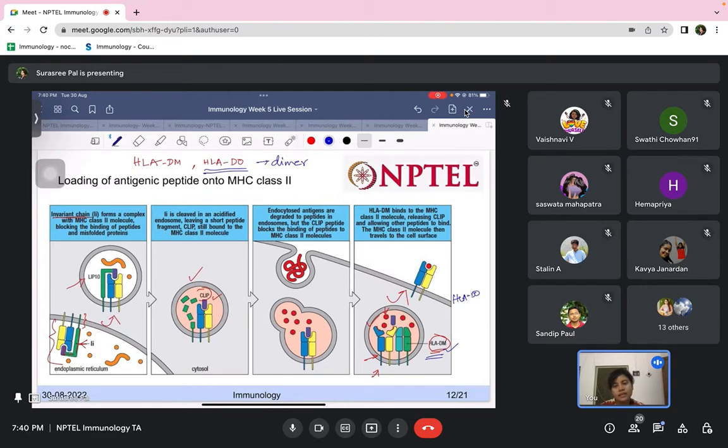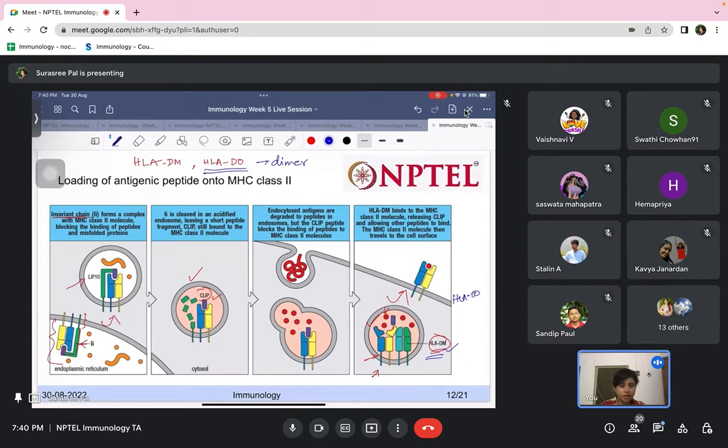This is how the antigen presentation of MHC class 1 and class 2 molecules are different. In class 1, the binding of the antigenic peptide to MHC was happening in the ER lumen. However, in MHC class 2, the binding occurs in the acidified endosomal compartment, where multiple proteins are involved.